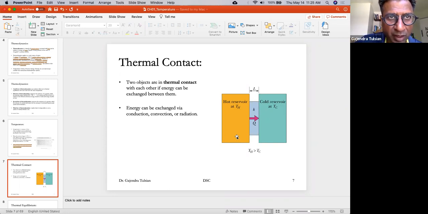It's very hard to be thermally isolated. You are in thermal contact with everything around you. Now the thermal contact might be strong or weak. For instance, if you hold your hand above the table, then you're weakly in contact with the table. But if you place your hand on the table, then you're in a stronger thermal contact. But as long as you can exchange heat, then you're in thermal contact.